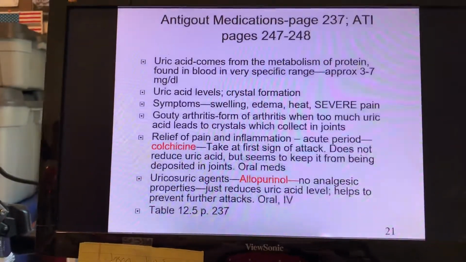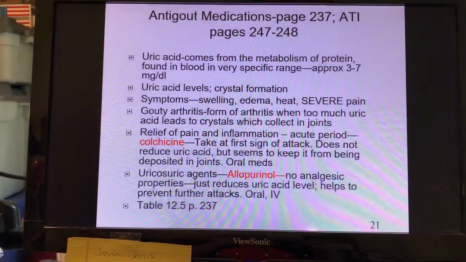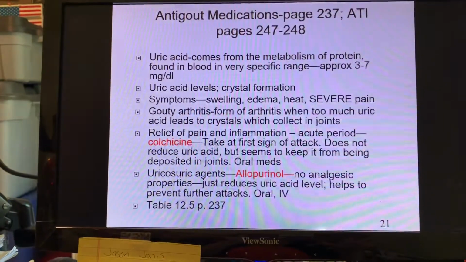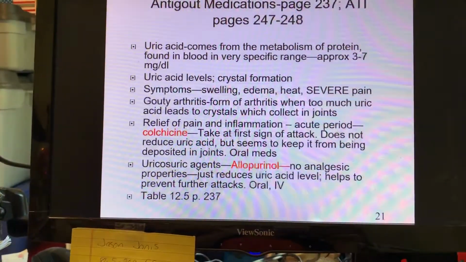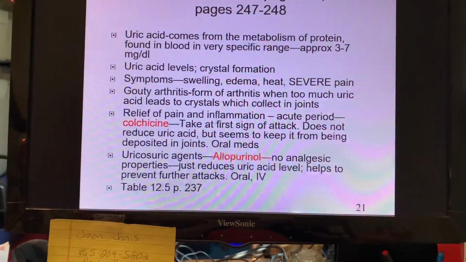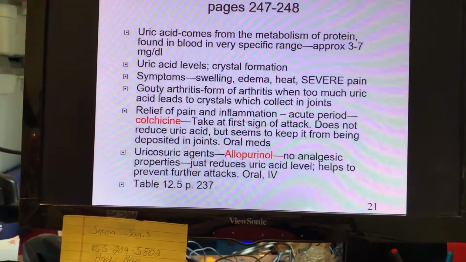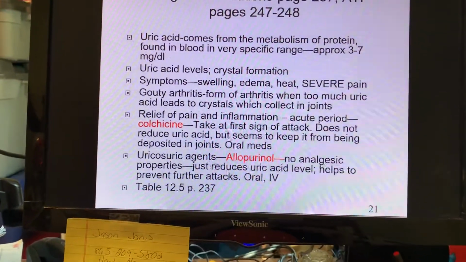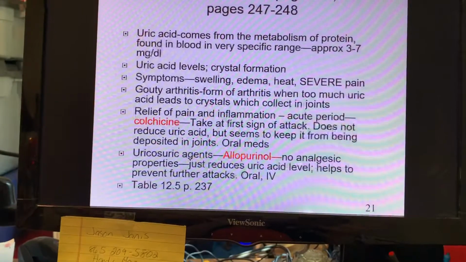A person is supposed to keep a supply on hand and take it at the first sign of pain in the joints. So it doesn't reduce that uric acid in the body, either by keeping you from producing too much or by making more of it be excreted, but it does try to keep it out of the joints.